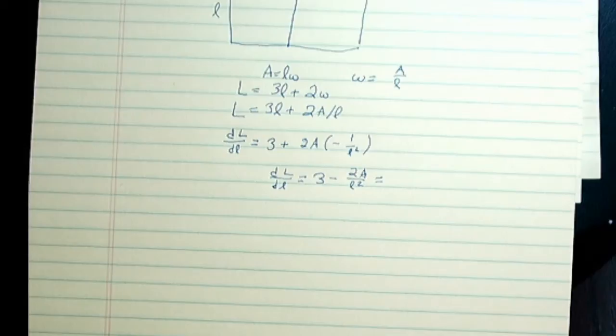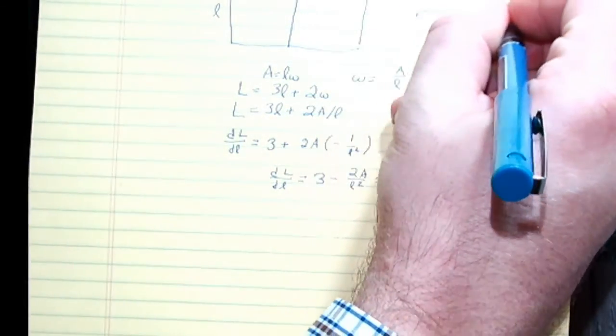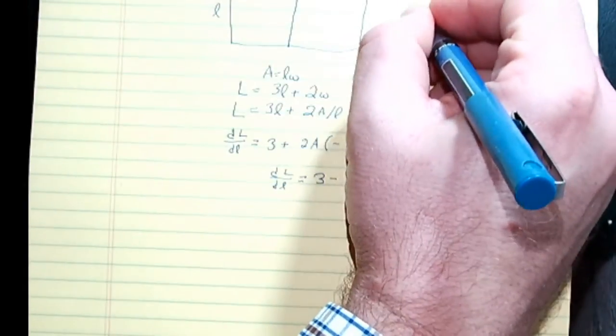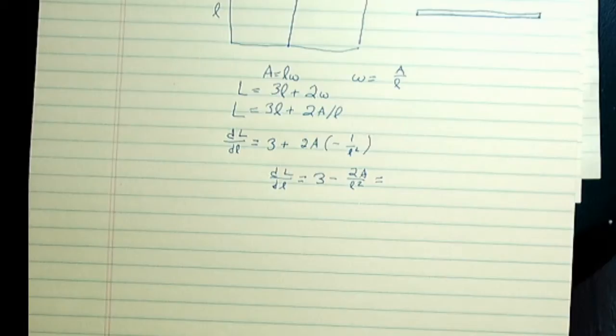Because if L is tiny, my field looks ridiculous. If my 1,500,000 square feet is stored in a giant field that's 1 foot in length and 1,500,000 feet long, I'm spending a lot of money on fencing here.